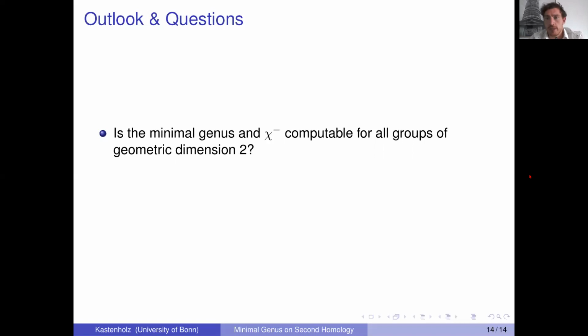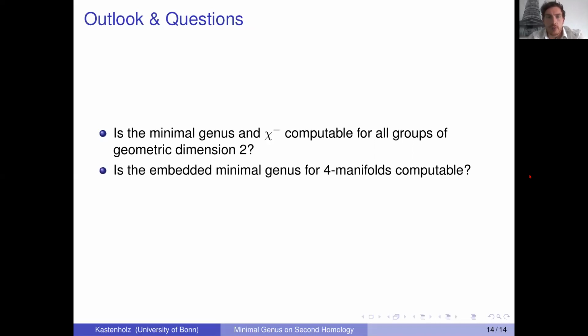But if I have a 2-complex which has vanishing second homotopy group, then it's quite easily seen to be a K(pi,1). So in that case, the fundamental group already has geometric dimension 2. So the best thing one might hope is to actually be able to compute the minimal genus and chi-minus for all groups of geometric dimension 2.